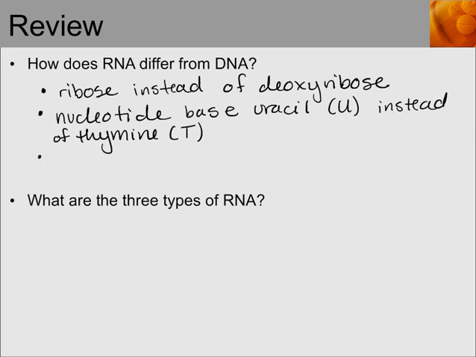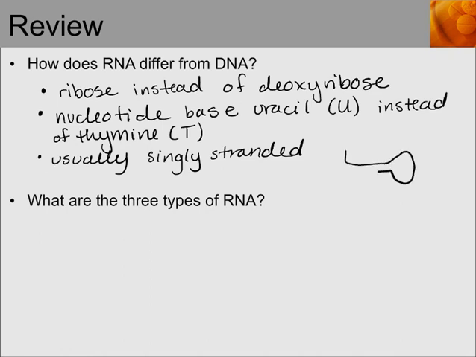RNA is usually singly stranded, whereas DNA has 2 strands. That means that RNA can double back on itself, so it might look something like this, where you've got hydrogen bonds between the same strand of RNA, instead of DNA, where you have 2 strands that are hydrogen bonded together.